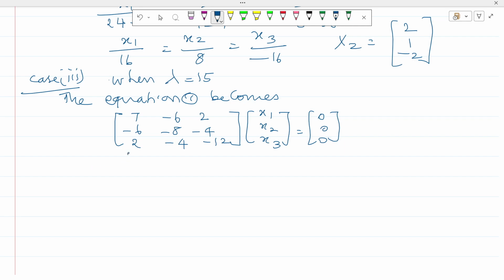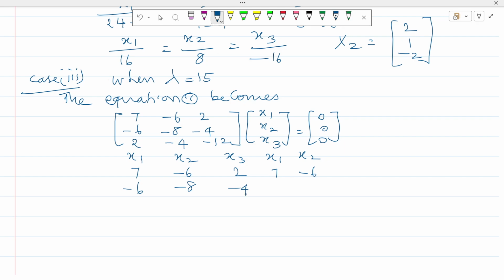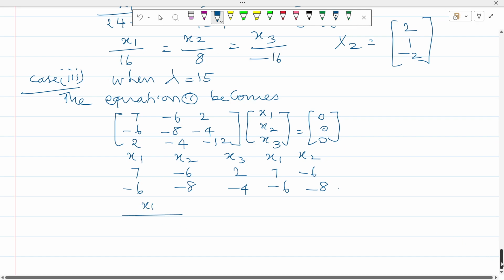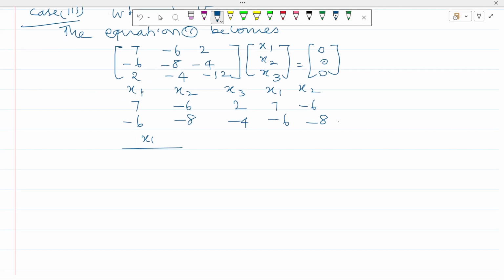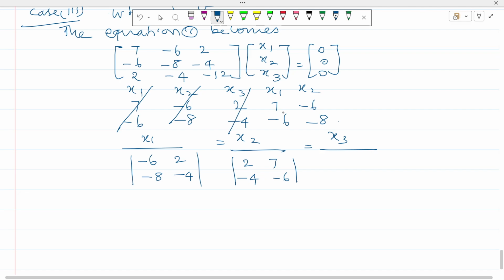Then take two non-identical rows. That is 7 minus 6 2, and minus 6 7 minus 4. x1 by, leave that respective column, write minus 6 2, 7 minus 4, then x2, leave that column, 8 2, minus 6 minus 4, x3 by 8 7, minus 6 7.